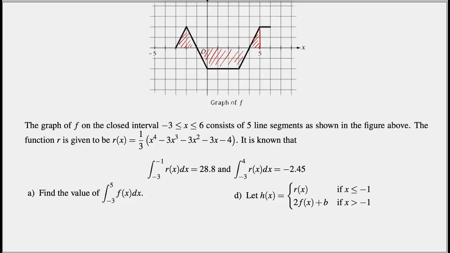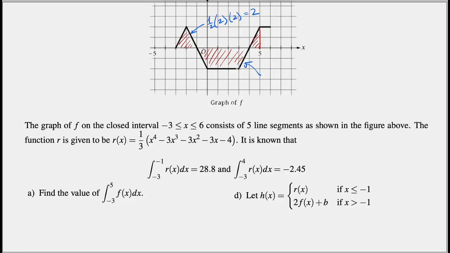This first area here is a triangle. So it's 1/2 base times height. That's 1/2 times the base is 2 times the height is 2, which is an area of 2. Okay.